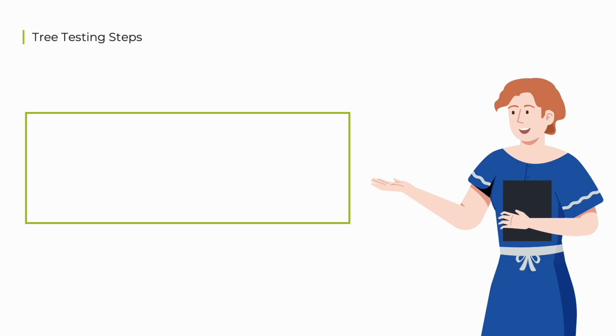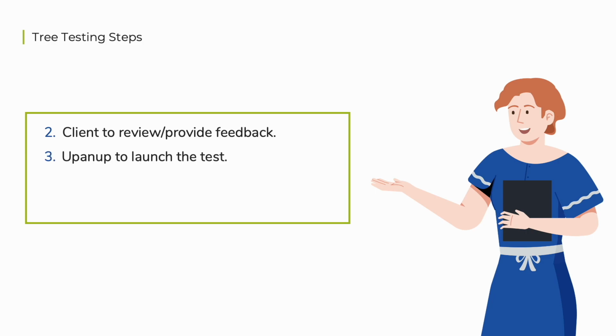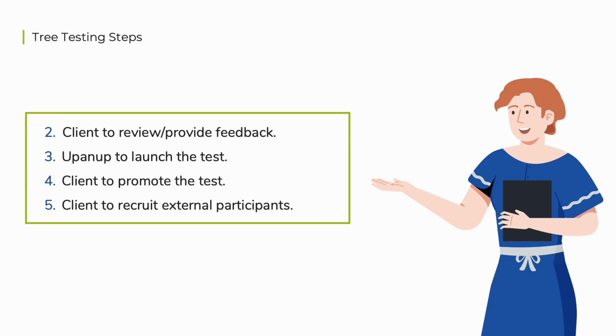You will have the opportunity to review the questions and the test beforehand to provide any initial feedback. Upanup will then launch the test at an agreed-upon time frame. You can promote the test and recruit external participants through your channels, such as social media.